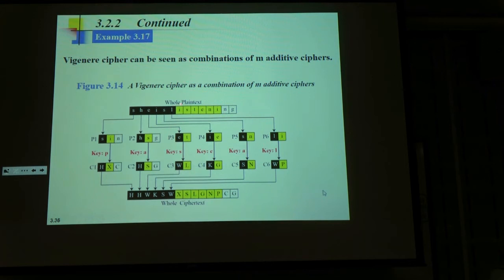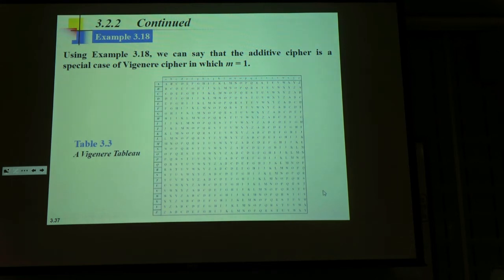The Vigenère cipher can be seen as a combination of additive ciphers. Like you divide it into 6, and so on. S, H, you distribute them, and you could use the key, which is P, A, S, and send them like that. Here we can say it is additive.